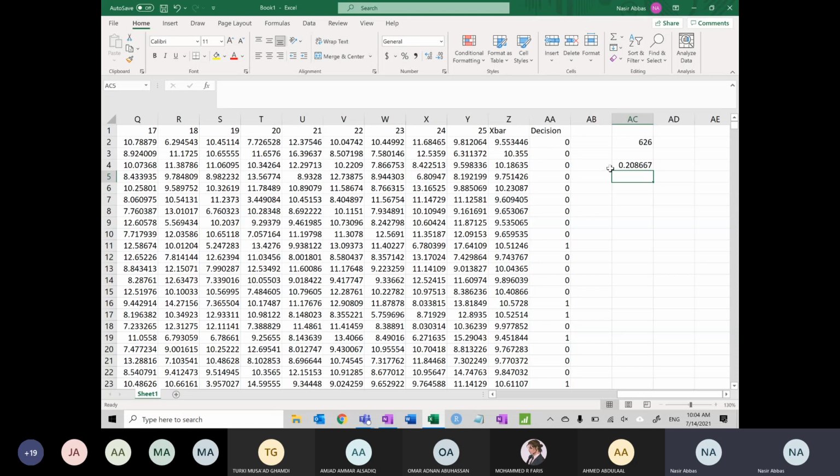If I do it an infinite number of times, I'll get exactly 21.12%. Although the mean is actually 10, still I will be rejecting 626 times. Still I will be saying the mean is not 10, if I'm using this rule that X bar is less than 9.5 or greater than 10.5.